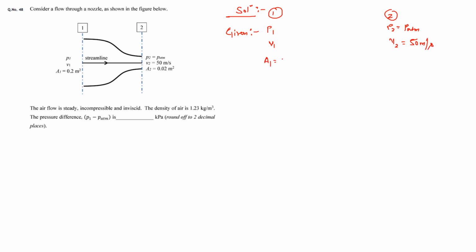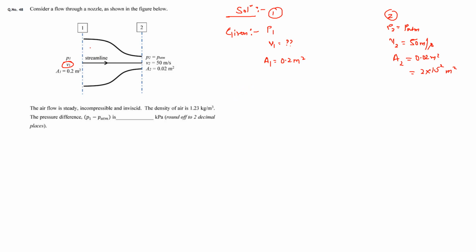The area at A1 is given, which is 0.2 meter square, whereas at A2 it is 0.02 meter square, or you can write it as 2 into 10 to the power minus 2 meters square. Now in order to apply Bernoulli's equation, we first need to find the velocity at point 1, which is for the time being not known to us.